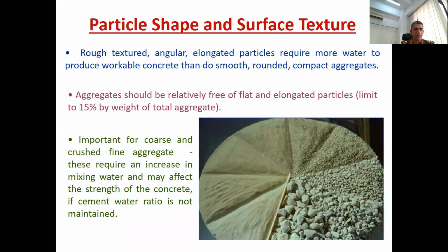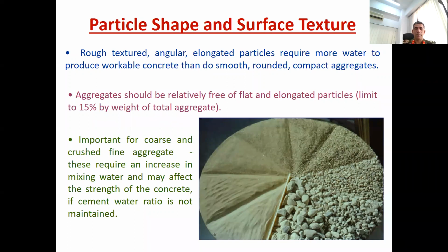In the specifications of various organizations, you will find this limit. For example, a specification may mention that aggregates should not have more than 15% by weight of flat and elongated particles.